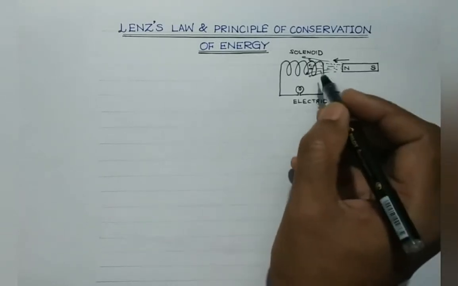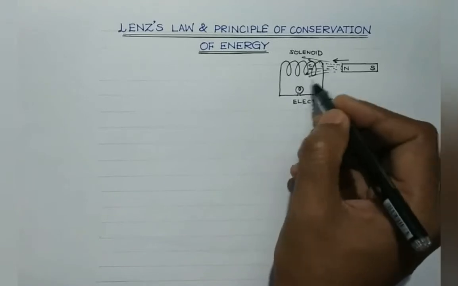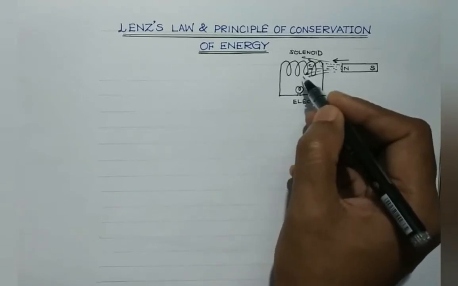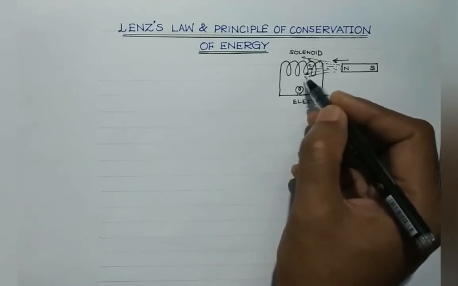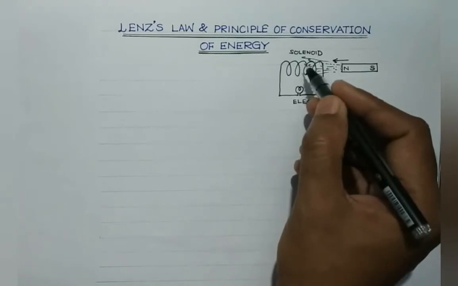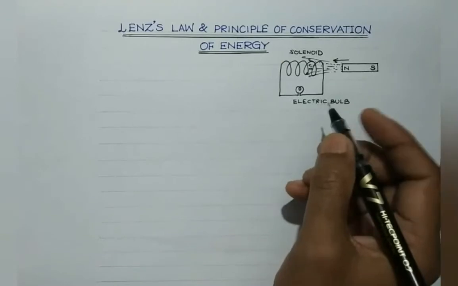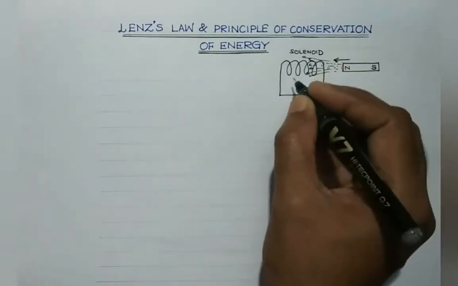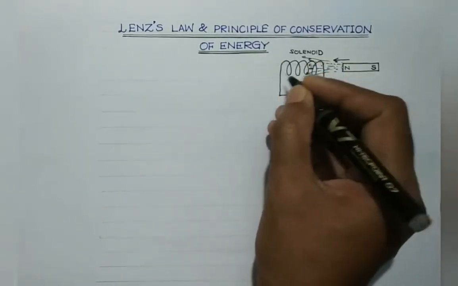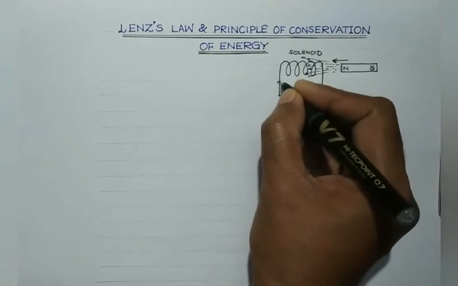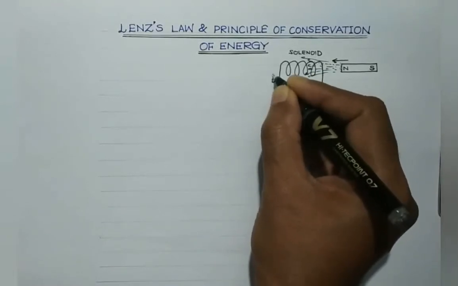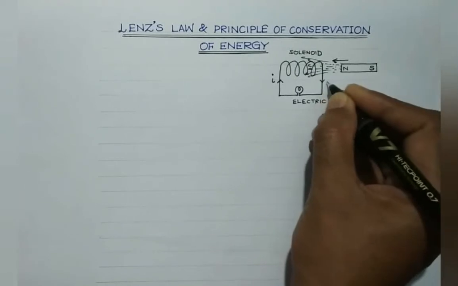And the direction of the induced current in the solenoid will be such that it opposes the increase in the magnetic flux, or it opposes the approaching magnet. So for that, students, the direction of the induced current in the solenoid should be in the clockwise direction. It should be like this. Small i denotes the induced current.